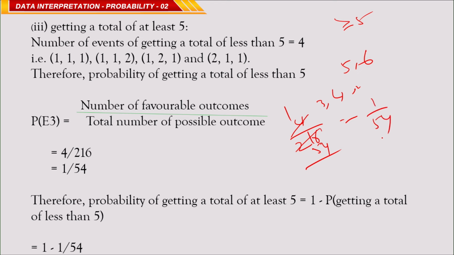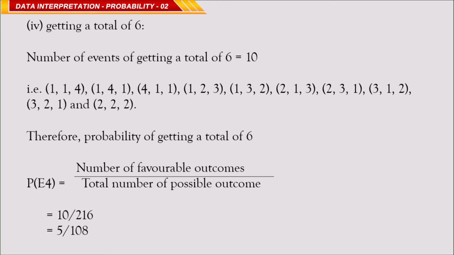At least 5 means more than 4, so we subtract: 1 minus 1 by 54, which is 53 by 54, correct. Okay, now we will shift to the next.